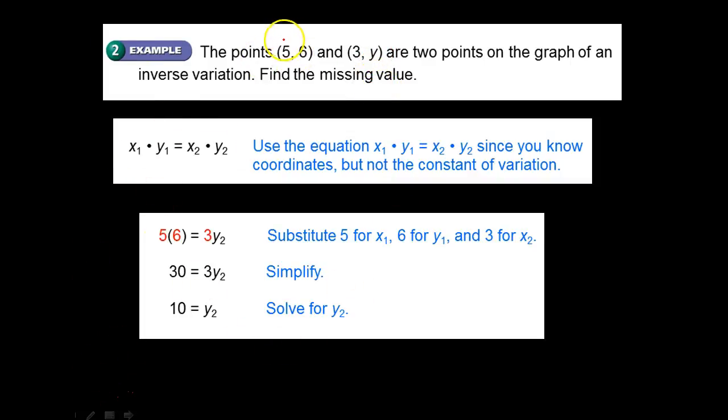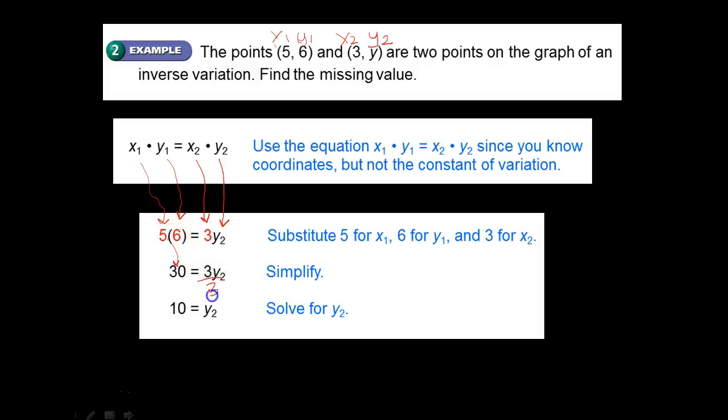We know 5 here is my x1, y1, x2, y2. So x1 was 5 times your y1, which was 6. x2 is 3. y2 is the unknown, so we kept it as y2. Solve. 5 times 6 gives you 30 equals 3y.